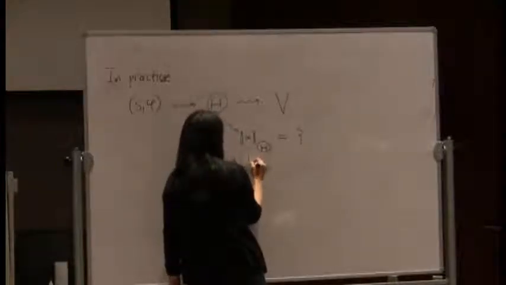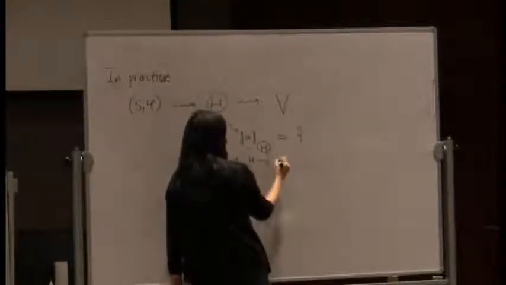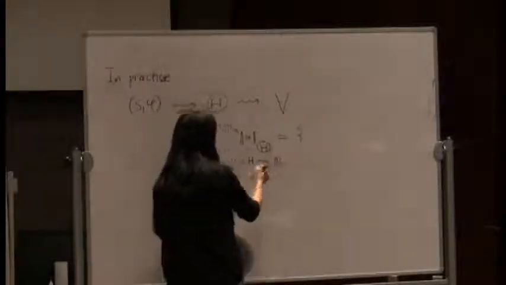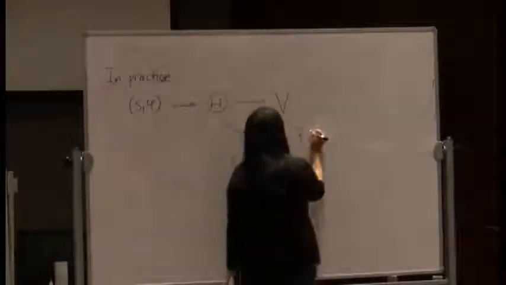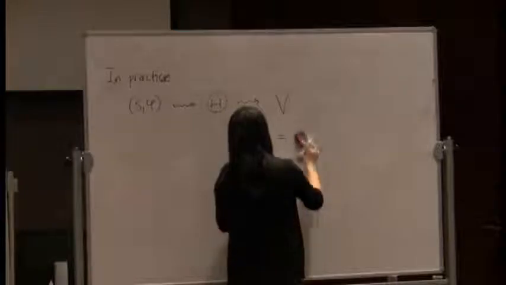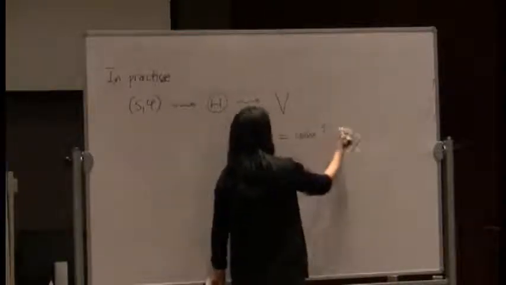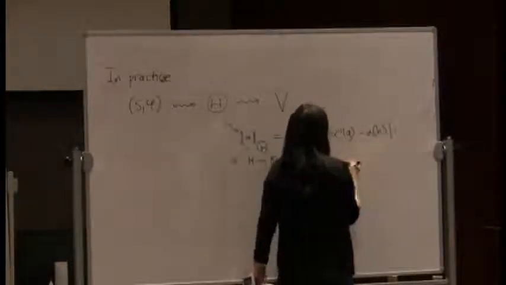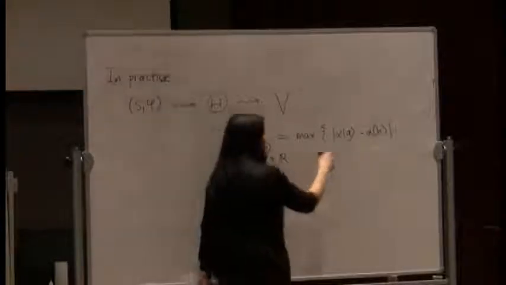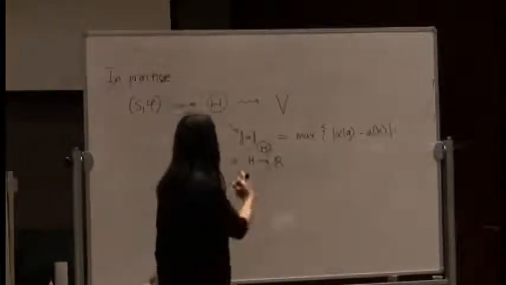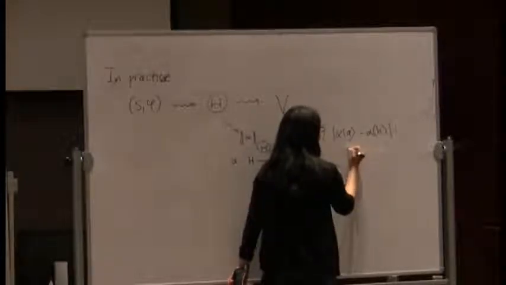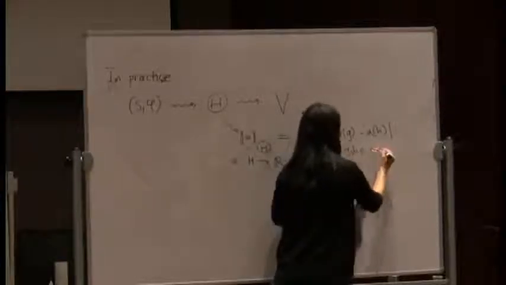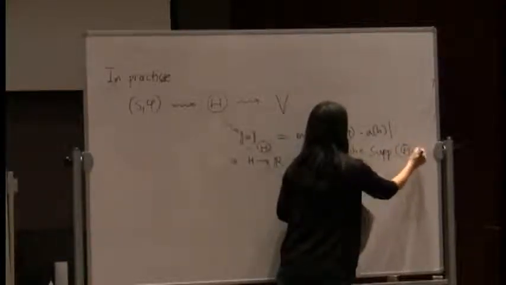Just think of alpha as giving you a map from H to Z, or even from H to R, where H is the first homology. We can define a norm by taking the maximum of the values of alpha at elements of the support of theta. So g and h are in the support of theta.